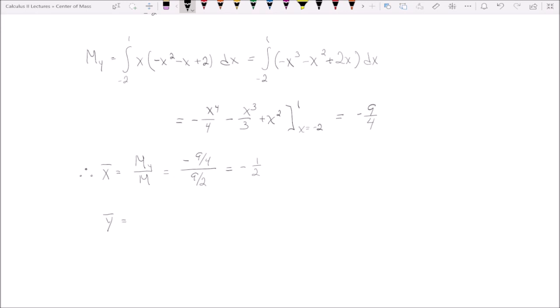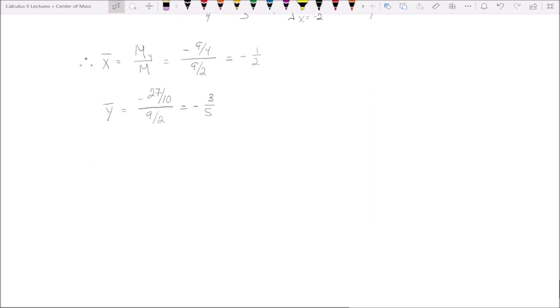Y bar is negative 27 over 10 over 9/2. This is negative 3/5. So our centroid is negative 1/2, negative 3/5.